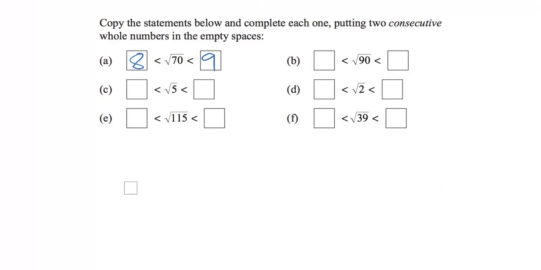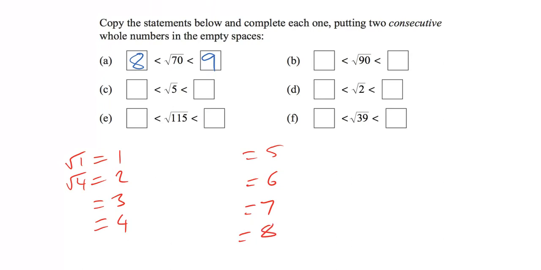Now, at this point, it might be a little simpler if we wrote out some square roots. So square root of 1 is 1, the square root of 4 is 2. And let's see if we can figure them all out. Okay, so hopefully you know some of these. The square root of 9 is 3, I should say.